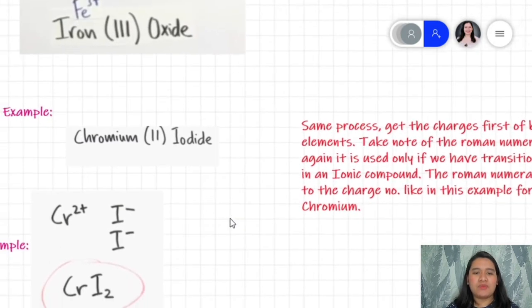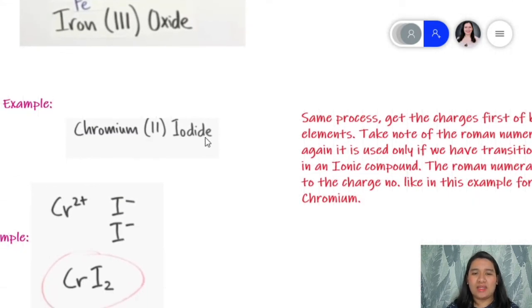So example, we have chromium 2 iodide. As you can see, we have a Roman numeral. Again, why do we have a Roman numeral? Because this is an example of ionic compounds with transition metals. Once you see a Roman numeral, meaning to say it has a transition metal.